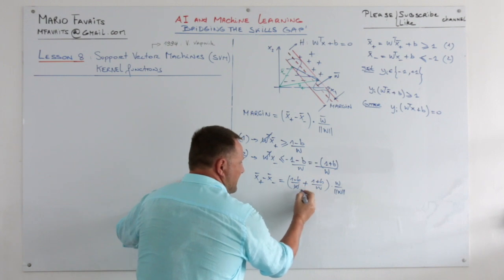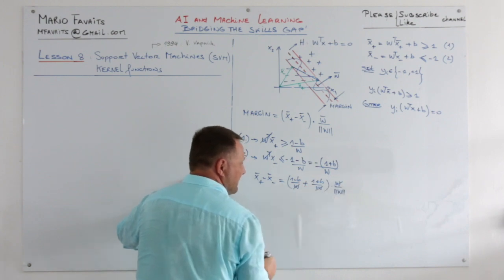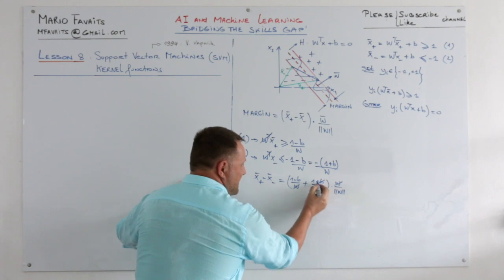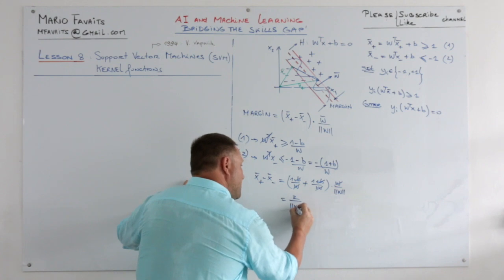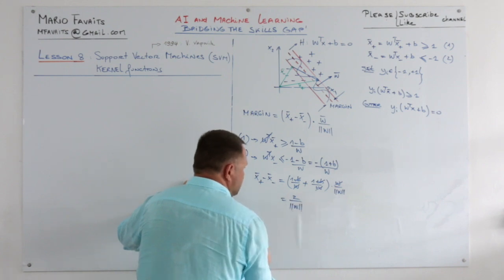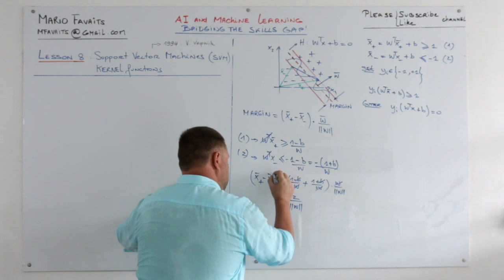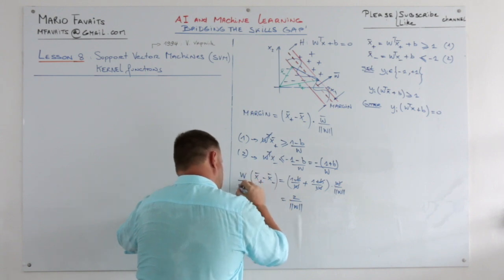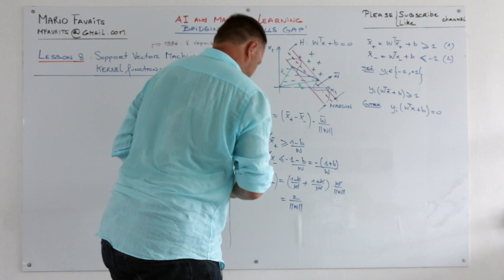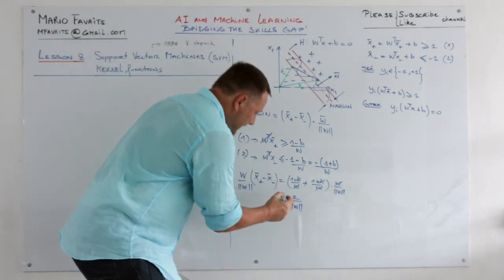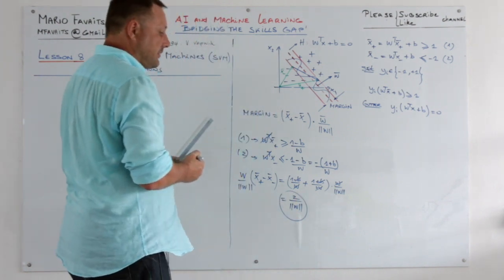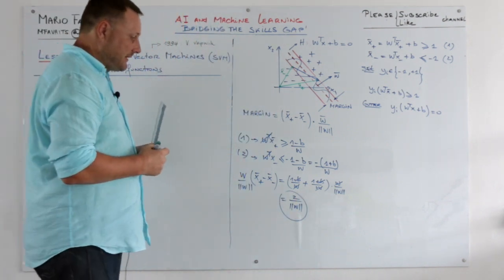You see that this w and this w disappear. Here you have minus b plus b, these disappear. So that equals 2 divided by w. Okay, so we have an expression for our margin: 2 divided by the norm of w.